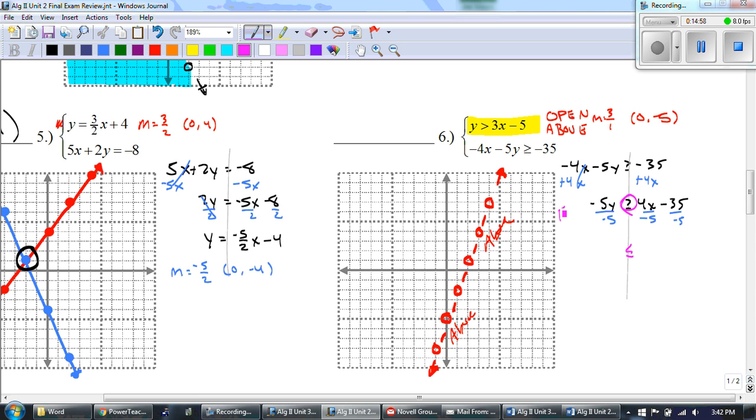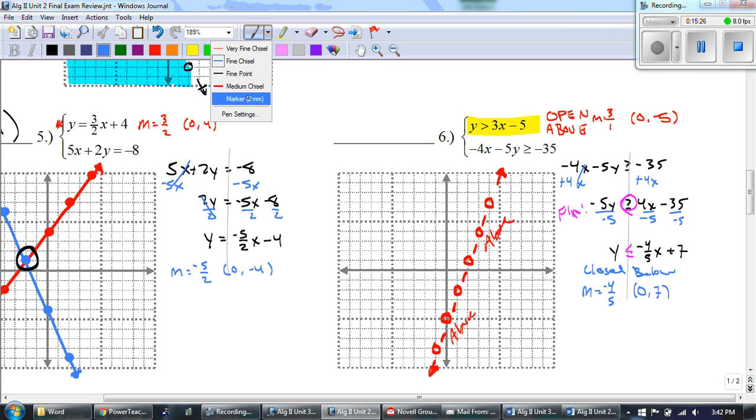Don't forget that rule. So we get y is less than or equal to -4 out of 5 x plus 7. That tells me my slope is -4 out of 5, my y-intercept is 0, 7, my line's going to be closed, and I need to shade below.